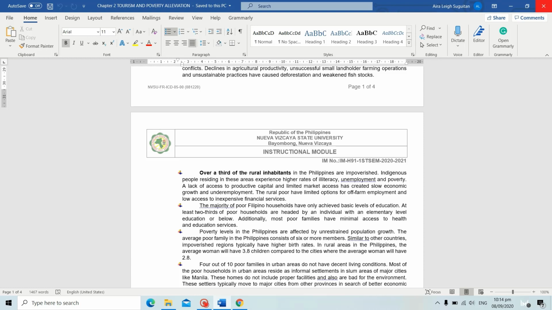The rural poor have limited options for off-farm employment. So most of the employments in rural areas are on-farm or farming lang talaga. Fishing, farming, mga ganon. And low access to inexpensive financial services. So most of the financial services found in rural areas are mostly expensive.